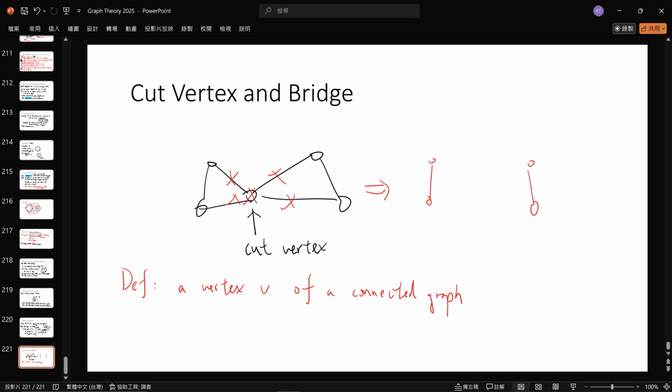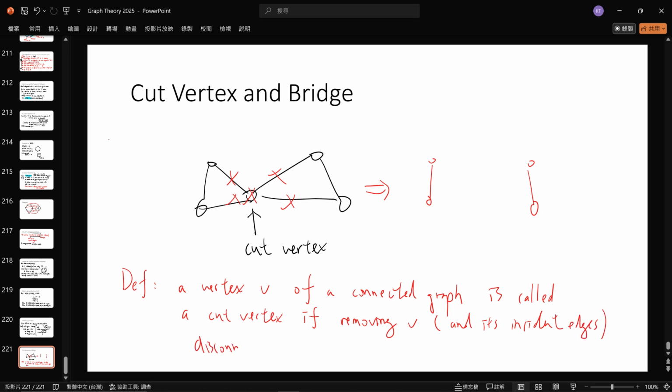When we discuss cut vertex, we always assume that the graph is connected, because if the graph is not connected, you don't need to remove any vertex to disconnect it.